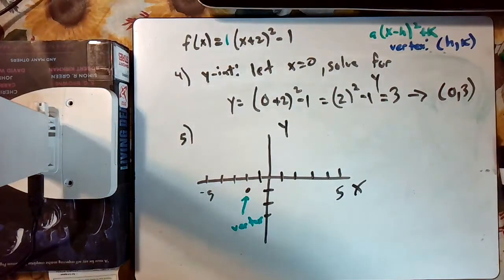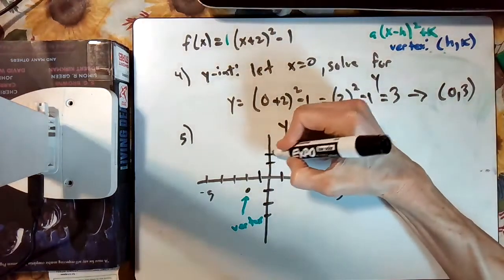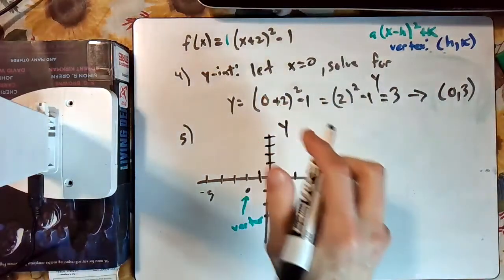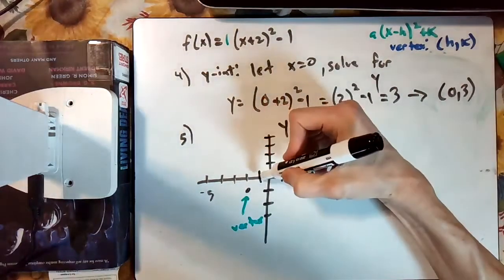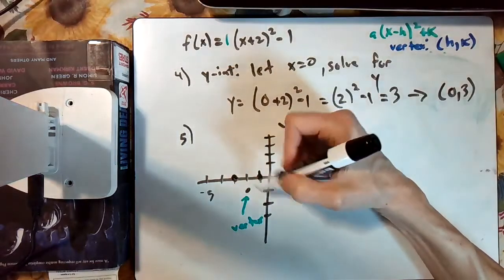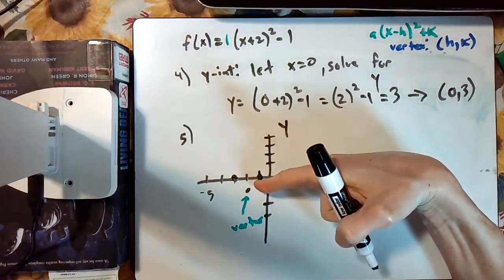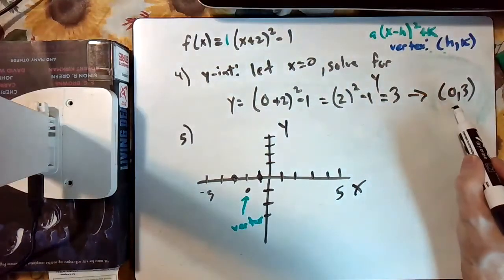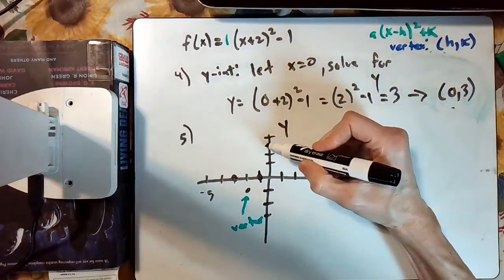Now let's plot the intercepts, right? So the x-intercepts, we had two of them, (−1, 0) and (−3, 0), right? Remember, x-intercepts are where the line crosses the x-axis. The y-intercept is where the line crosses the y-axis, and our y-intercept in this case was (0, 3), which is right here.